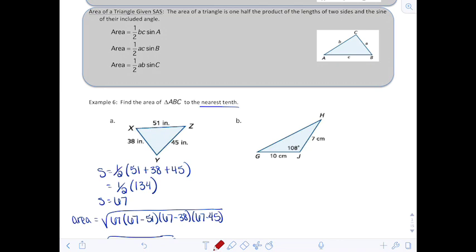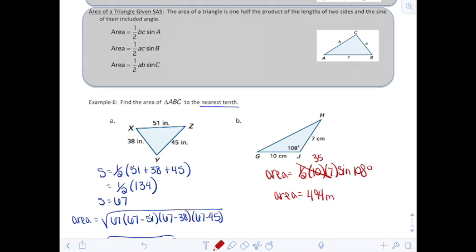So we're going to use this formula. So area is equal to 1/2 of 10 times 7 times the sine of 108 degrees, which is really going to be 35 times the sine of 108 degrees. And the area will be 494, when we round, miles.